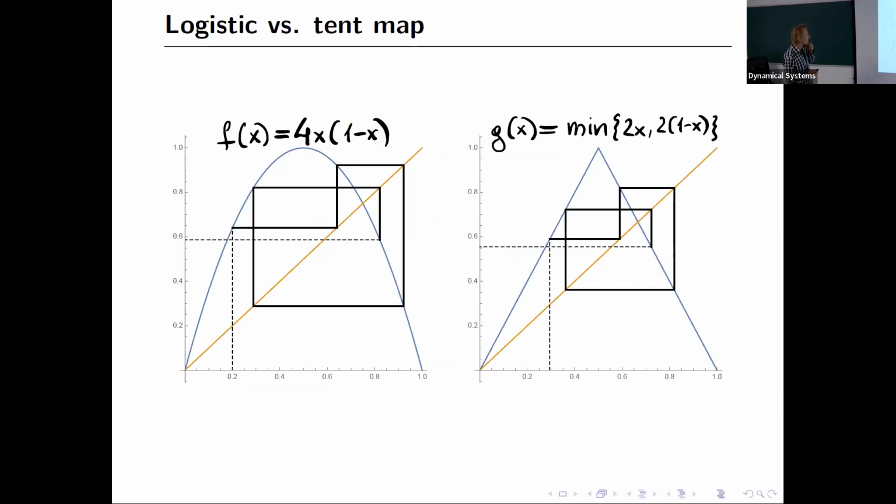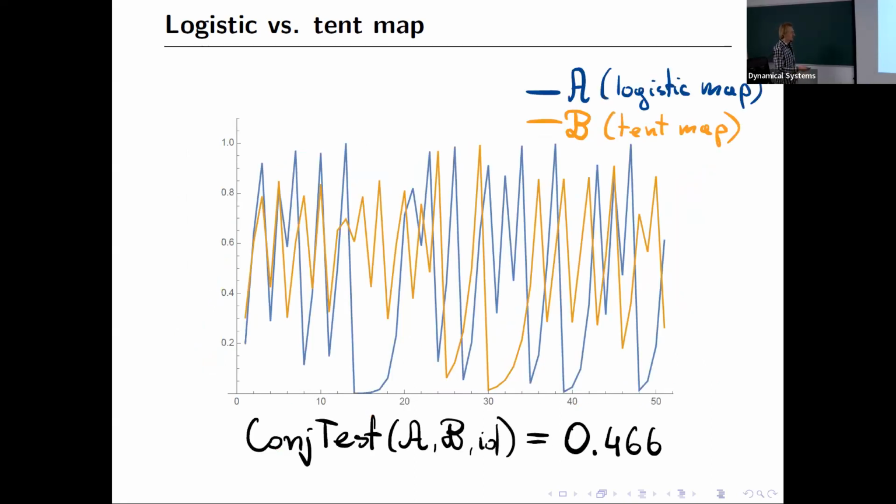A further example is comparing the logistic map with the tent map. From theory, we know that those two systems are conjugated, and if we start very naively again with two time series, one from the logistic map, another from the tent map, and we use again the identity as this conjugating map, then we get a high value.